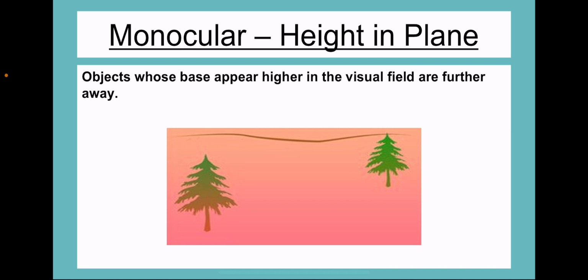Those objects whose base is higher up in the picture have a higher height in plane, therefore they are considered further away. So if you look at the two trees, the one on the left is lower down, so we would say that that is closer to us. And the one on the right is higher up the page, so that one is further away.